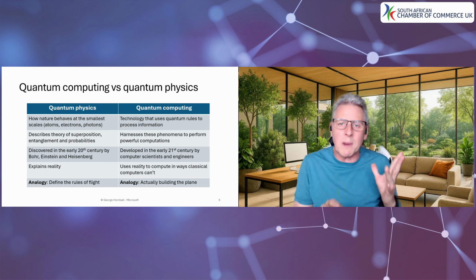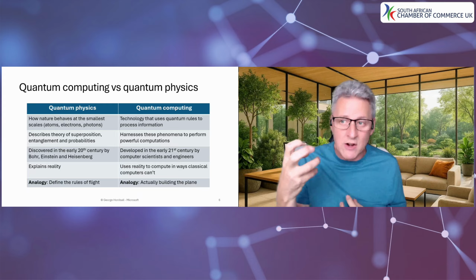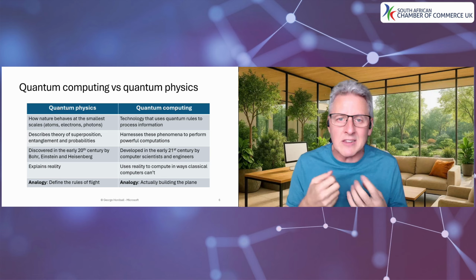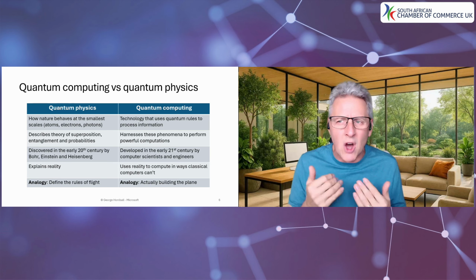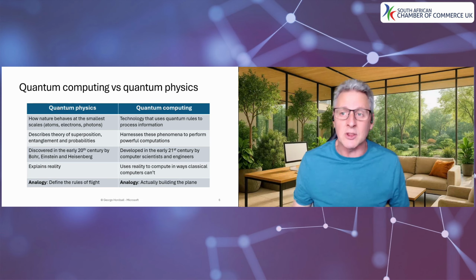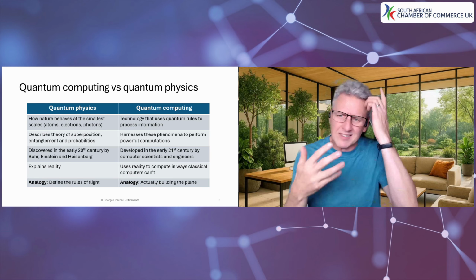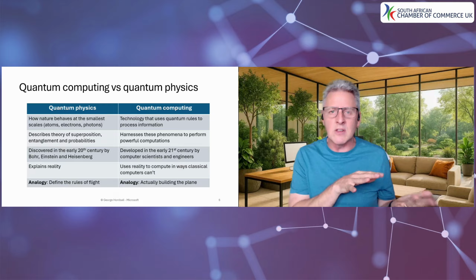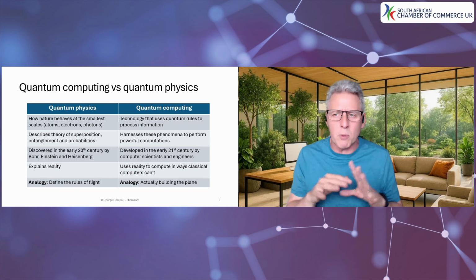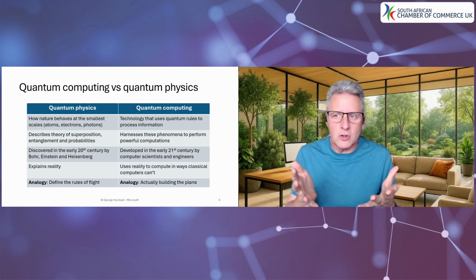So just to quickly explain, quantum physics is very much the theory behind what is possible with quantum computing. It explains what is possible, but obviously a lot of it is theoretical, and that is what we're struggling with at the moment as technology companies, building the theory, similar to going back to flight. In theory, some people said it's impossible for a body heavier than air to fly.